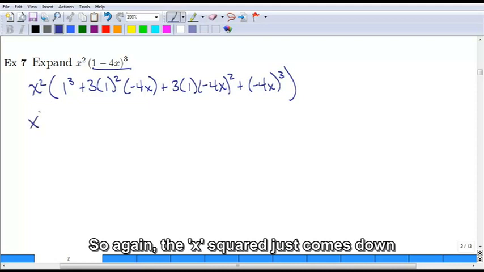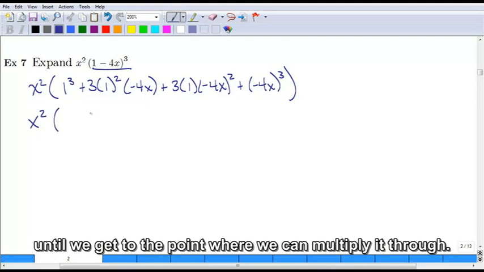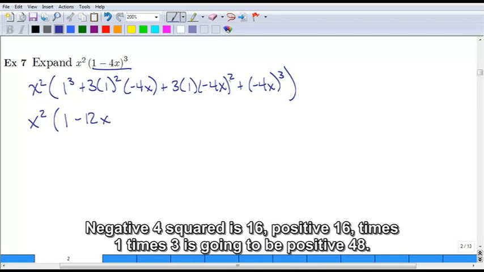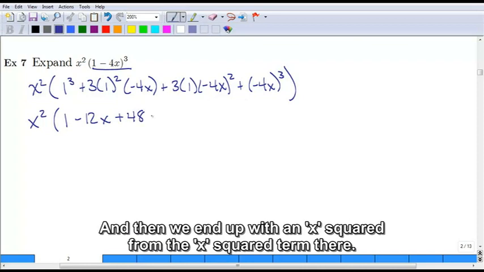So again, the x squared just comes down until we get to the point where we can multiply it through. 1 cubed is 1. In this case, 1 squared is 1 times 3 times negative 4 is negative 12x. Negative 4 squared is 16, positive 16, times 1 times 3 is going to be positive 48x squared.